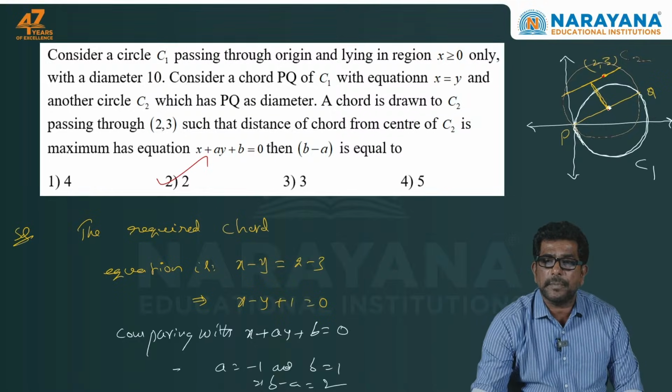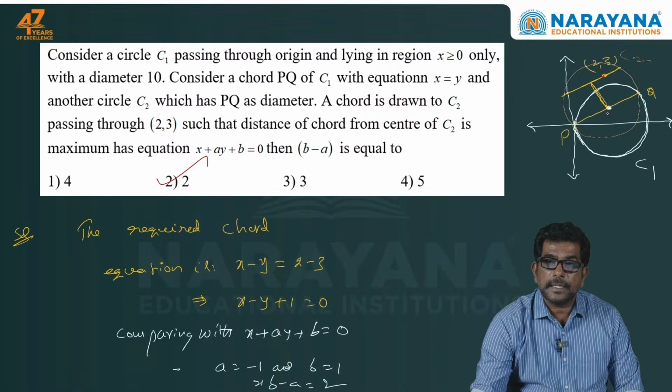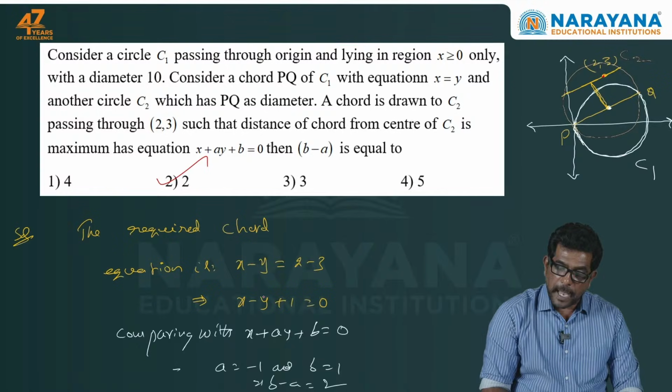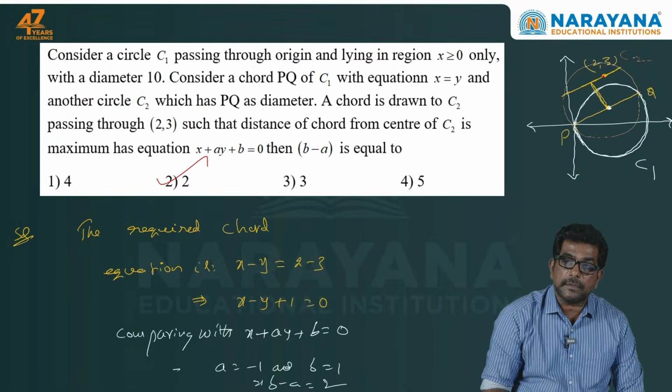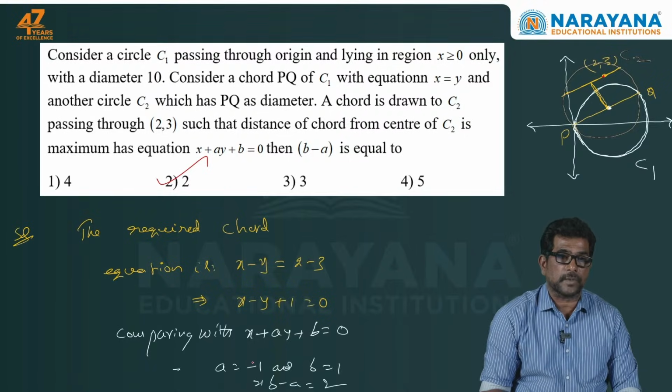When it is possible, the required chord is definitely parallel to the PQ line. Then we get the maximum distance. That's why the required chord is parallel to the PQ line and passes through (2, 3). Hence the required equation of the chord is x minus y plus 1 is equal to 0.